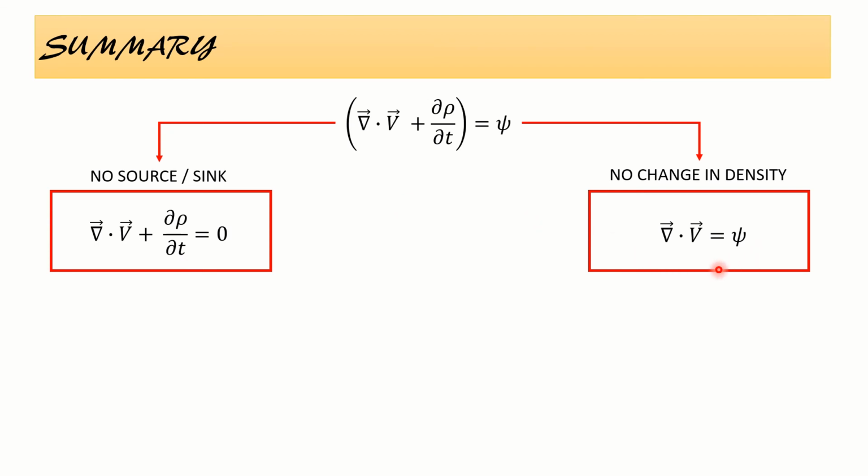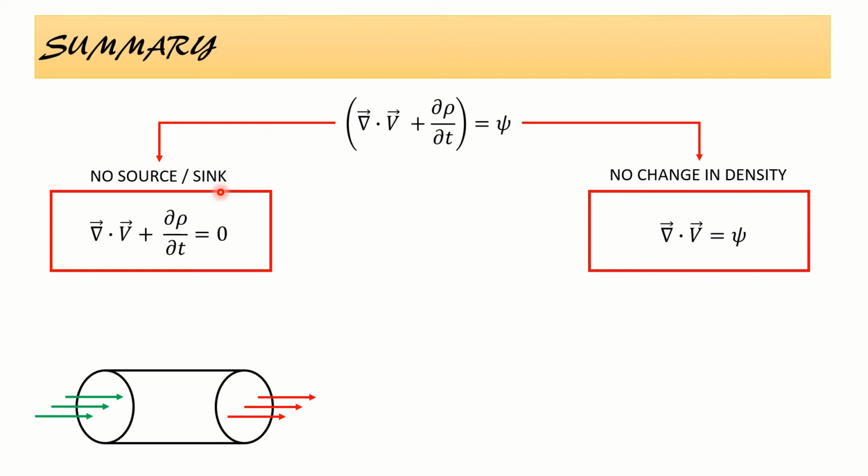So now let's look at the first case. In the first case, you have no source or sink. So basically, psi equals zero, and then you have this expression, which is exactly your continuity equation. The best example to think of this is a flow of water, liquid, or maybe blood in a tube or vessel.